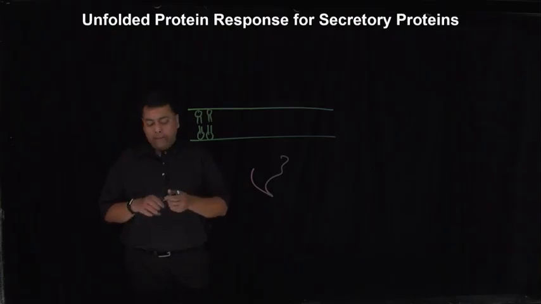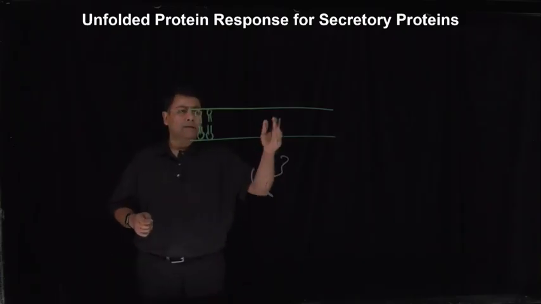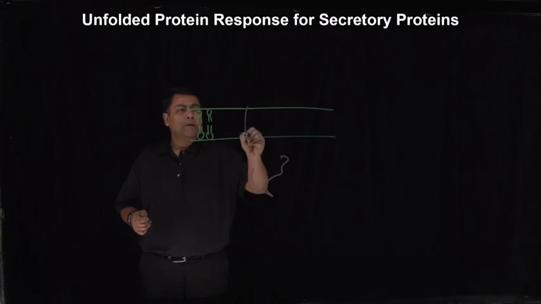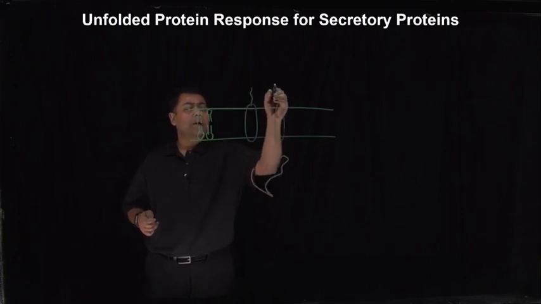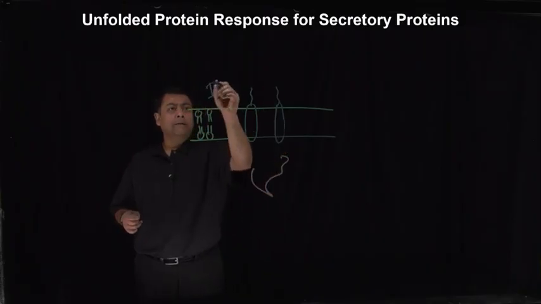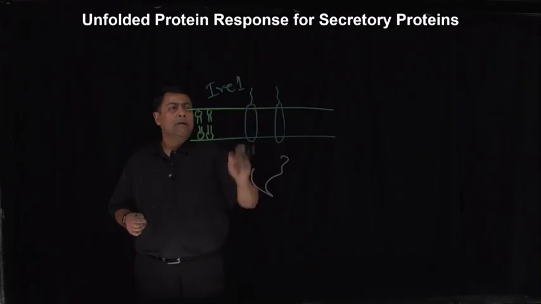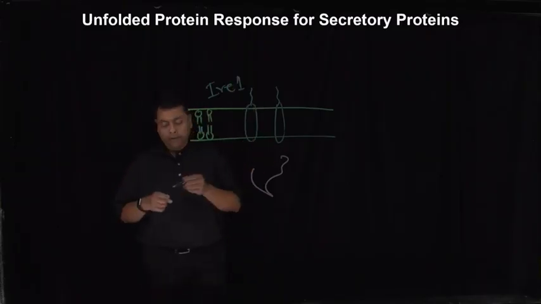Here what happens is that there is an enzyme associated with the membrane. This is a membrane-bound enzyme. These are inactive enzymes in the monomeric form, and we call this IRE1. These are basically endonucleases, and they are in the monomeric form.